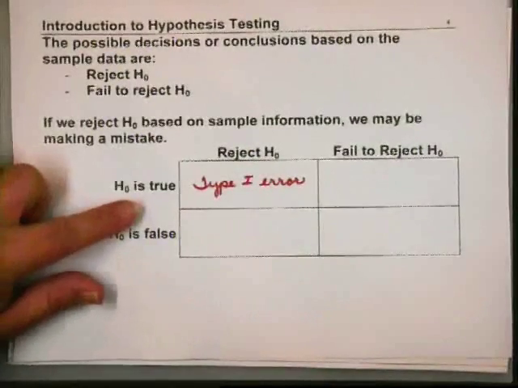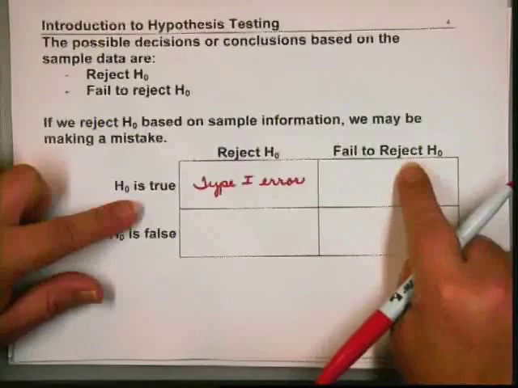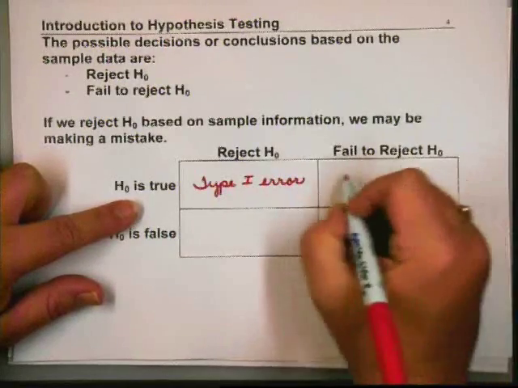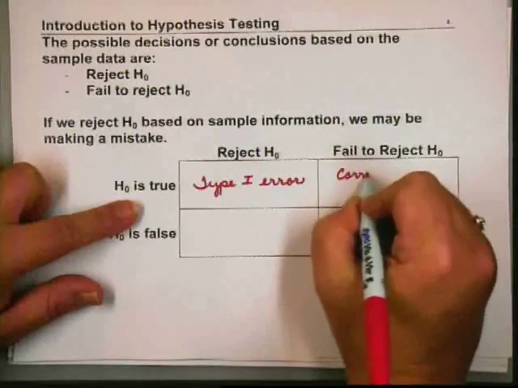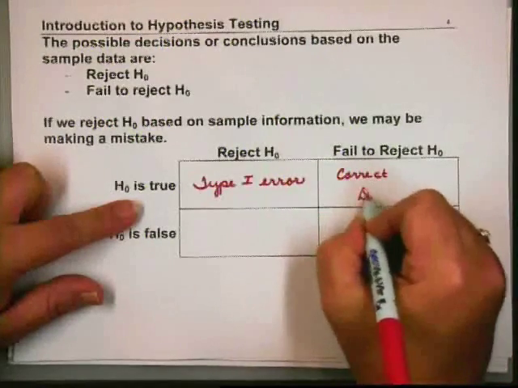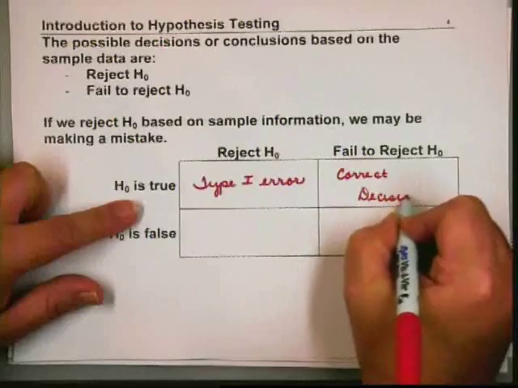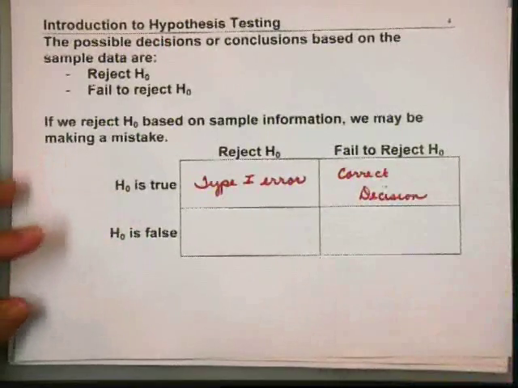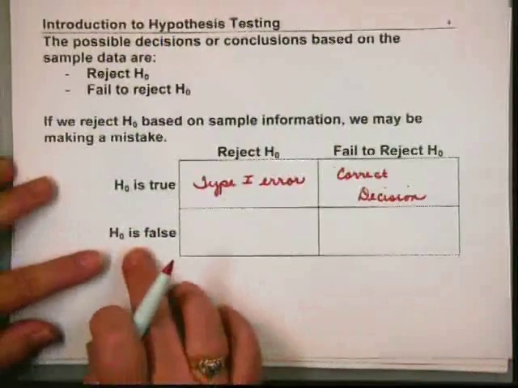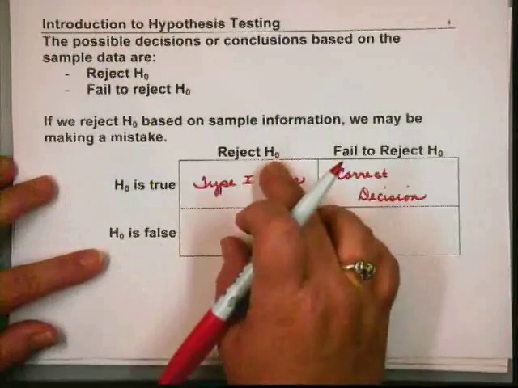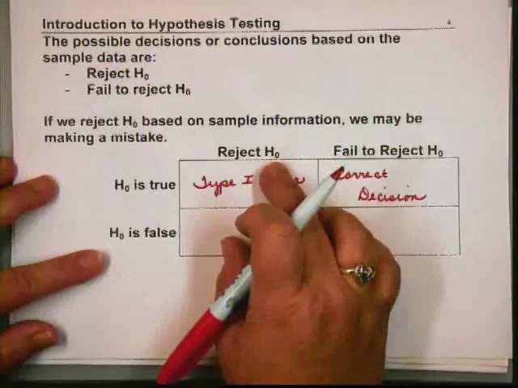Okay? If the null hypothesis is true and we fail to reject it, we've made the correct decision, right? If the null hypothesis is false and we reject the null hypothesis, that also is a correct decision.